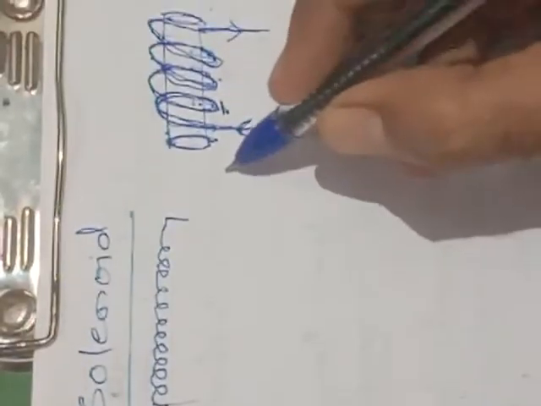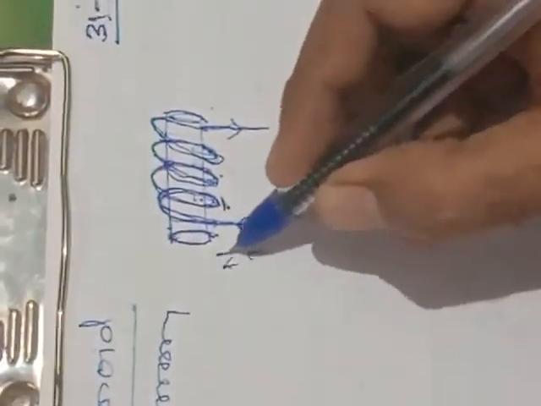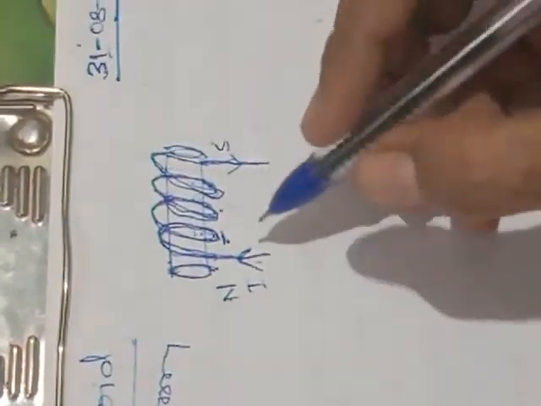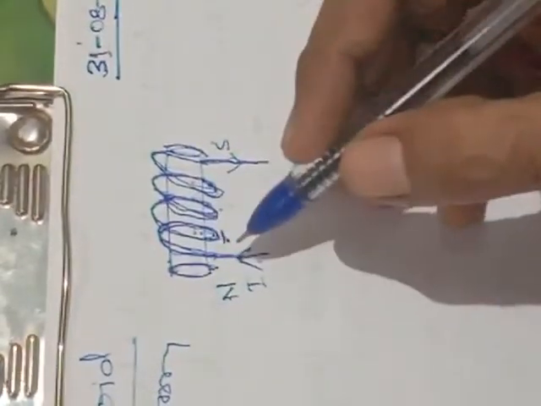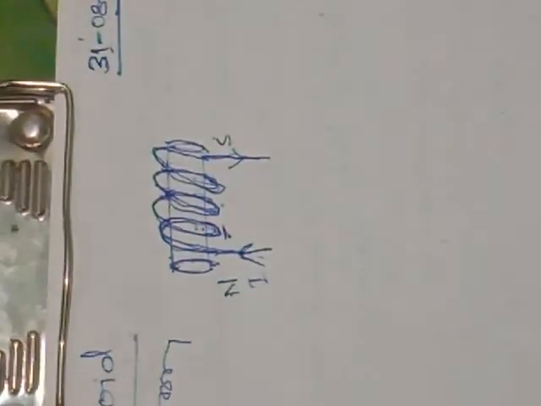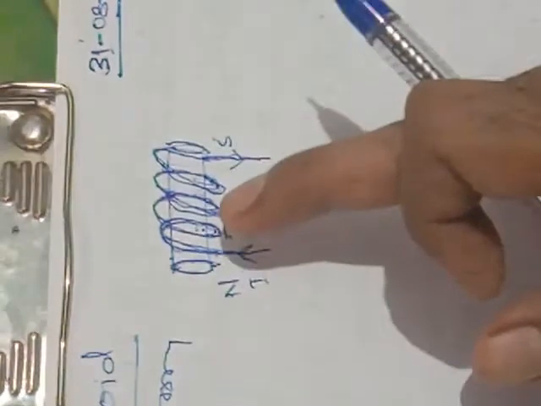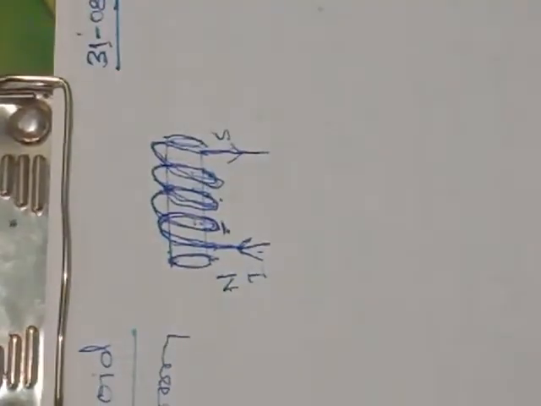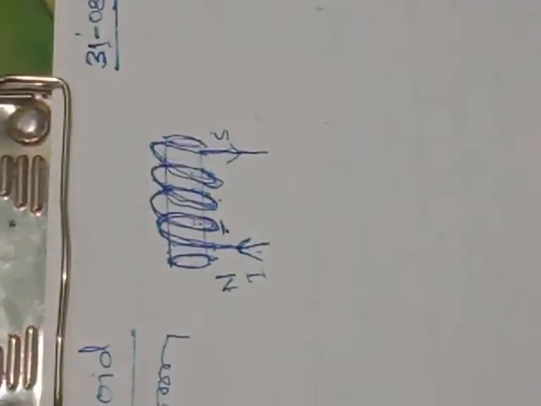Here the current is going inside, so this will form the magnetic field inside the coil. So what will happen here?